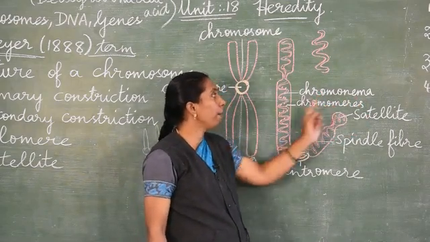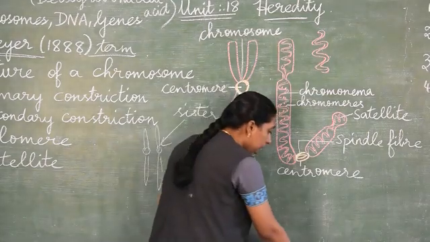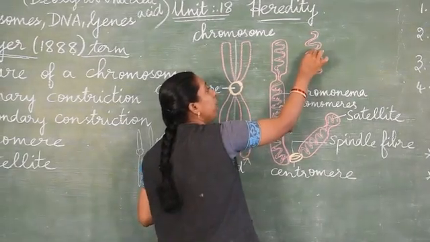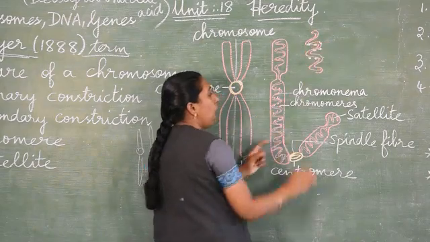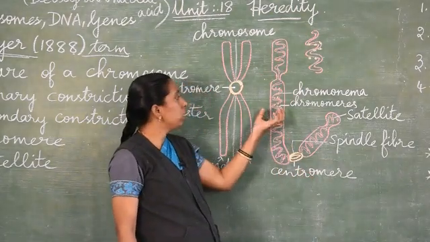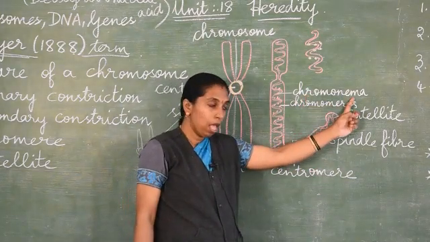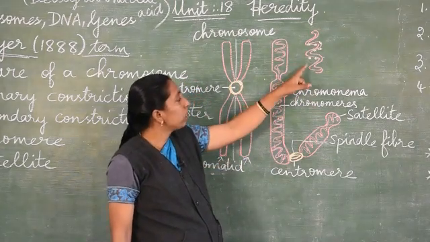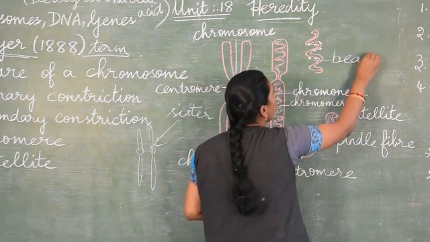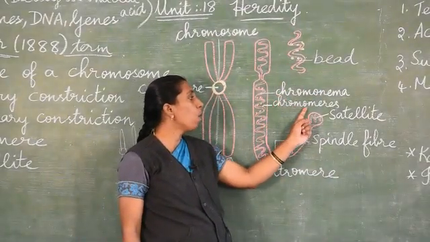Inside the chromonema there are small spherical bead-like structures, and these beads are called chromomeres.